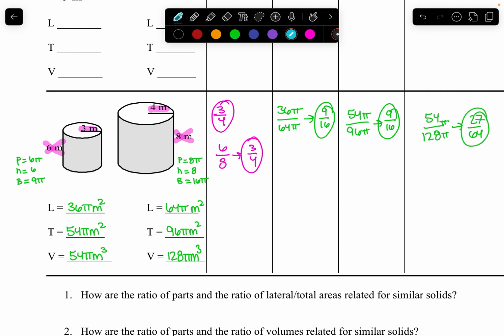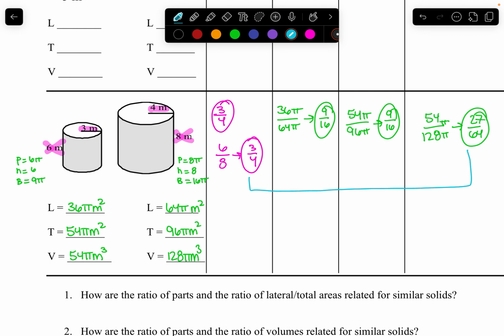Now what I really want us to do is check out how our side ratio or our dimension ratio corresponds to our volume ratio. And if you look, 3 to the third power is 27 and 4 to the third power is 64.